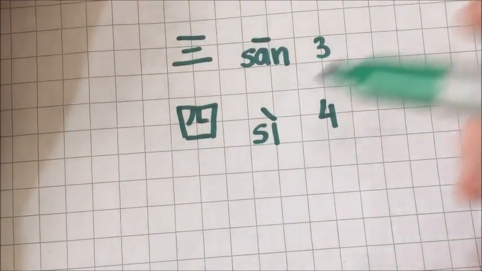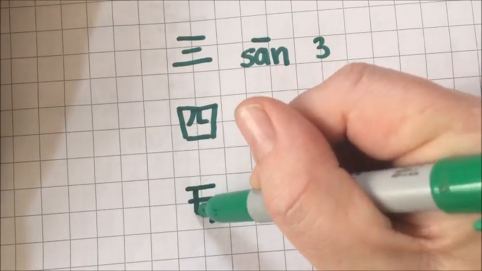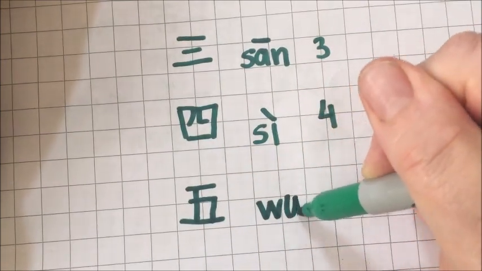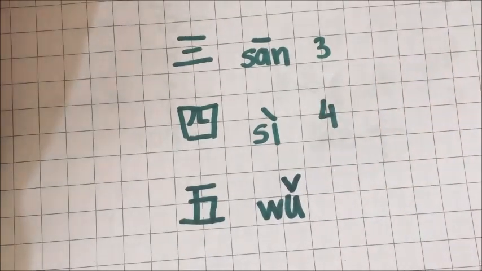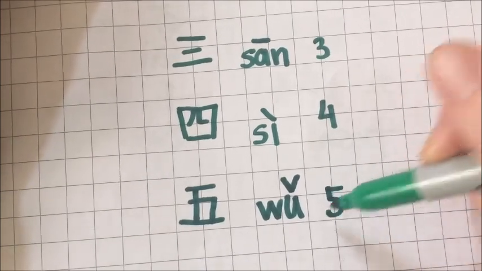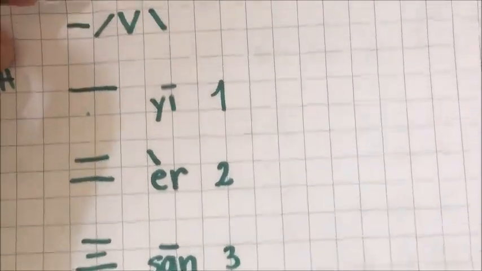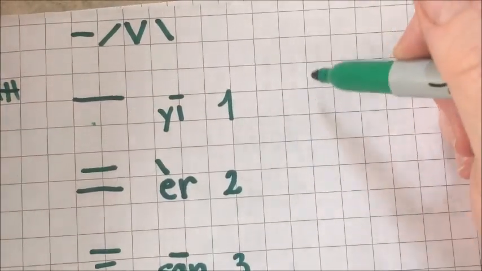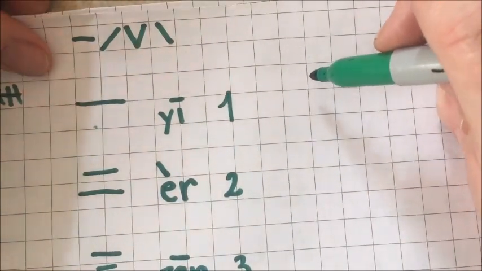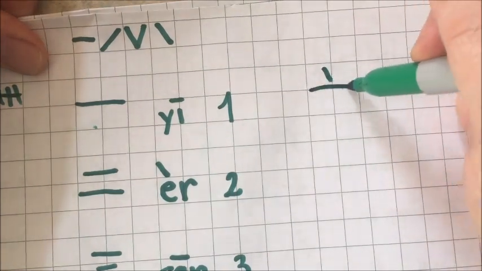Let's go and look at number 5. Number 5 is like this. Wo. This is accent number 3. And it's number 5. Now, let's go and do number 6. Number 6 is fun. And it's Liu. Write it like this.